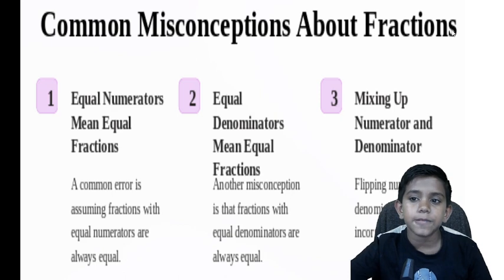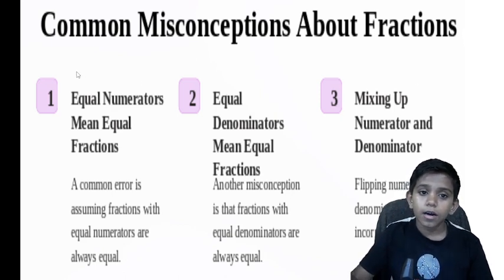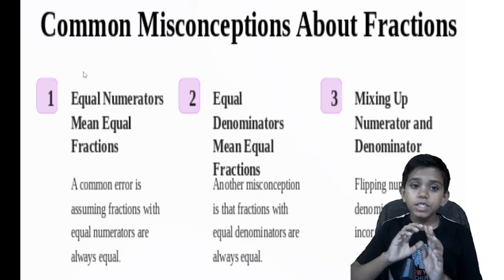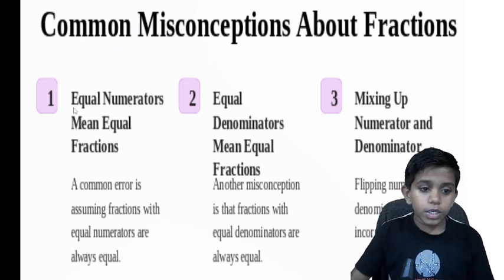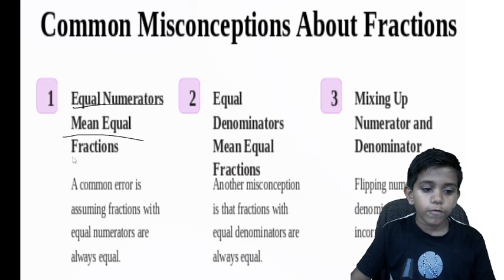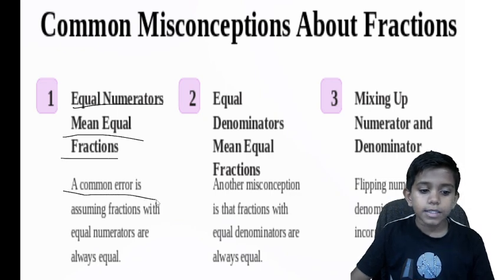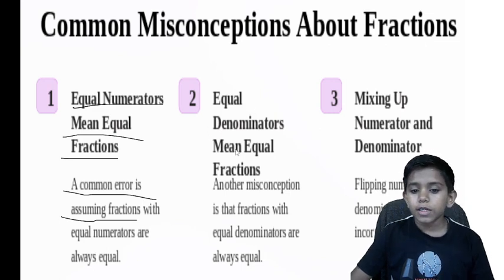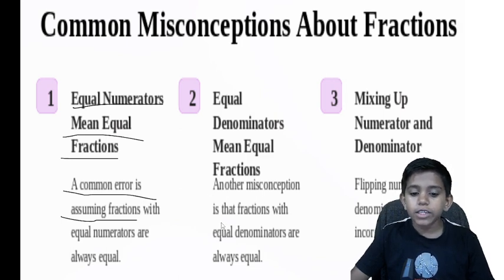Common misconceptions about fractions. What are misconceptions? Equal numerators mean equal fractions: a common error is assuming fractions with equal numerators are always equal. Equal denominators mean equal fractions: another misconception is that fractions with equal denominators are always equal.